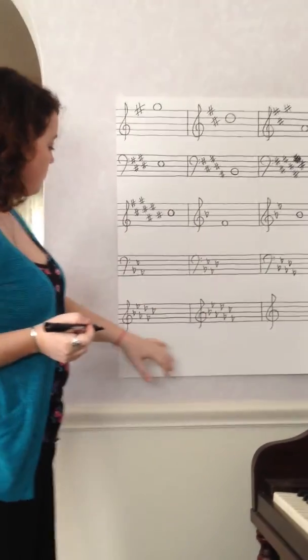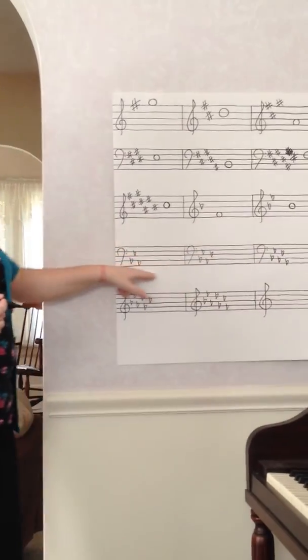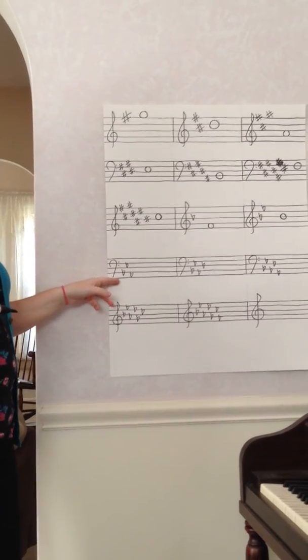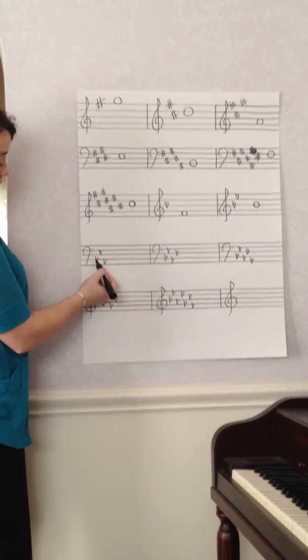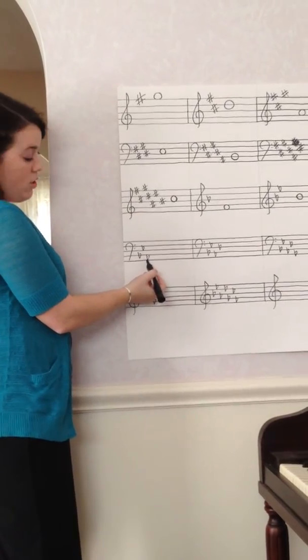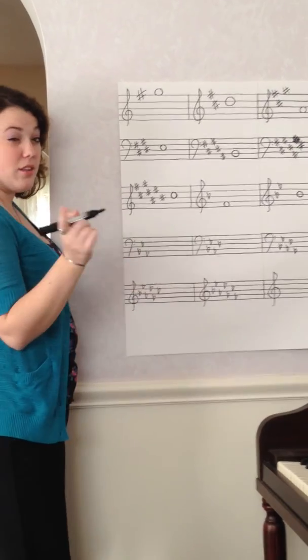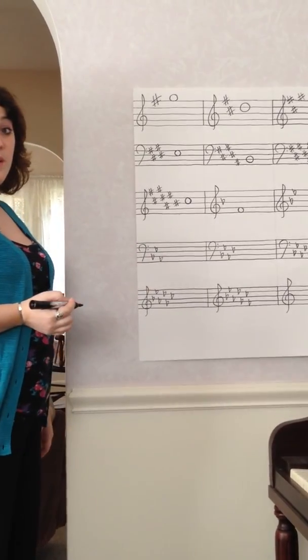Okay. So looking at our next set of key signatures, this is bass clef again, but looking at this, we keep our B flat and our E flat, and we add an A flat, okay? So thinking of it in the pattern that I just described to you, what do you think our key will be?